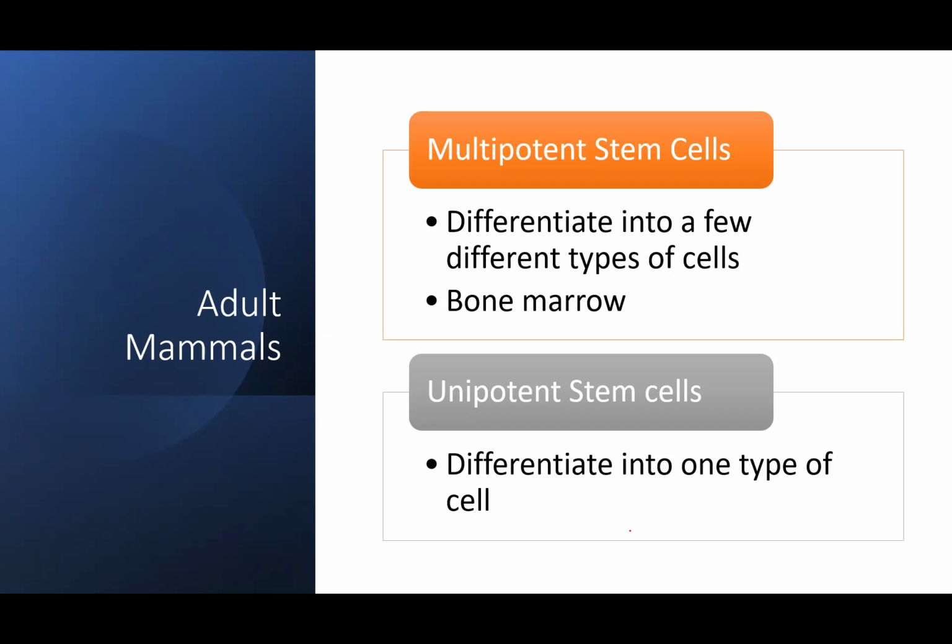Or you might find in your body unipotent stem cells. These can only differentiate into one type of cell. So for example, there is a unipotent stem cell that can only divide to produce epidermal skin cells, and that makes up the outer layer of your skin.